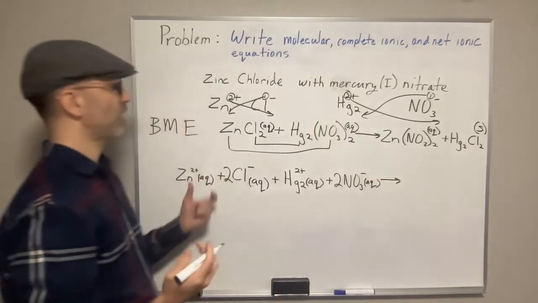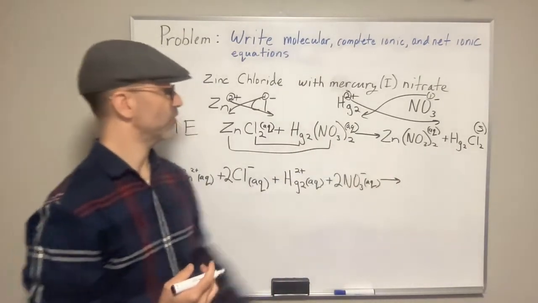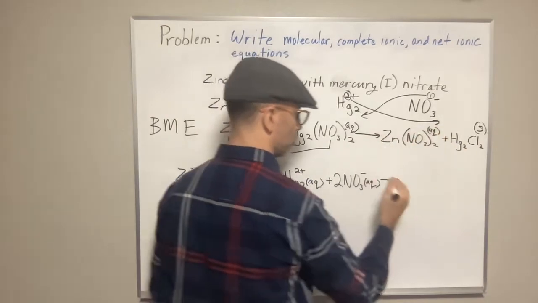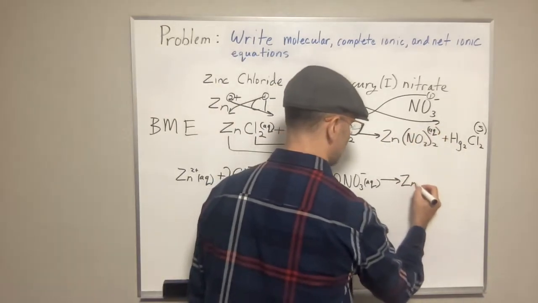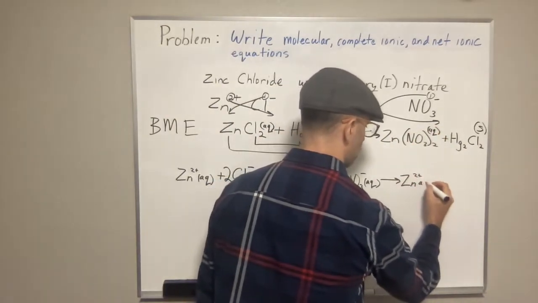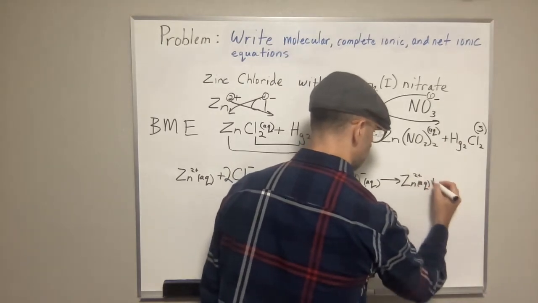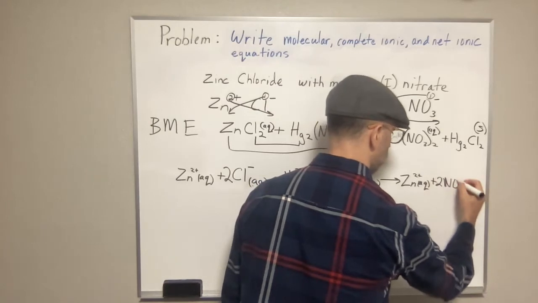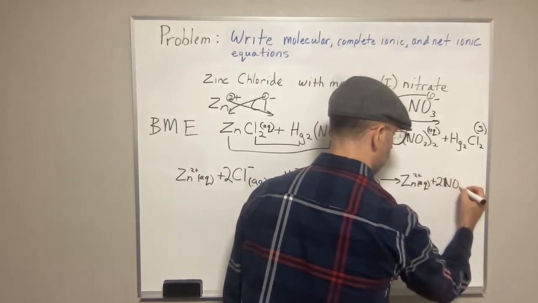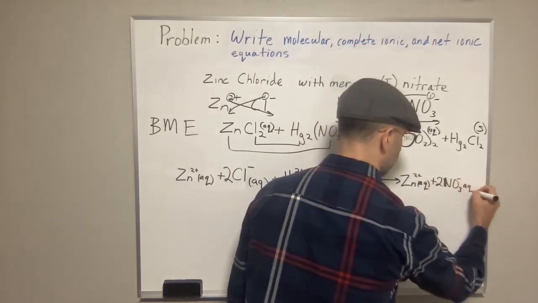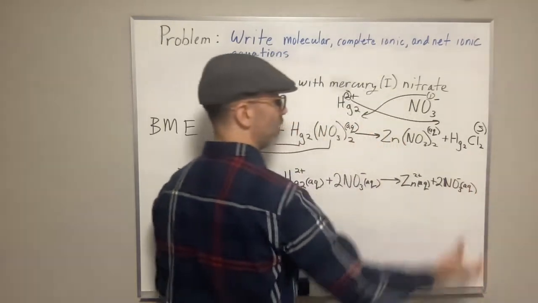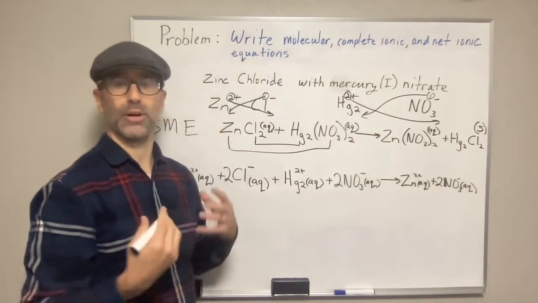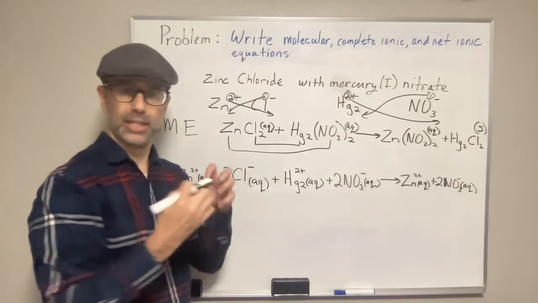And now we're going to do the same thing for our products. So again, zinc nitrate is aqueous, so we're going to split those apart. So zinc 2 plus aqueous plus two nitrates, 2NO3 minus aqueous. And then, of course, this is a solid. Anytime you have a solid, liquid, or gas together, you're not going to split that apart.